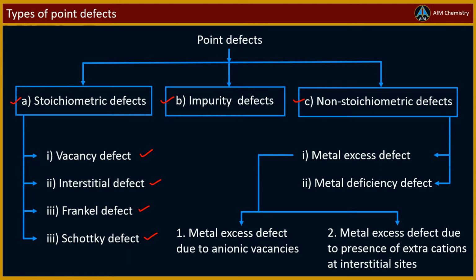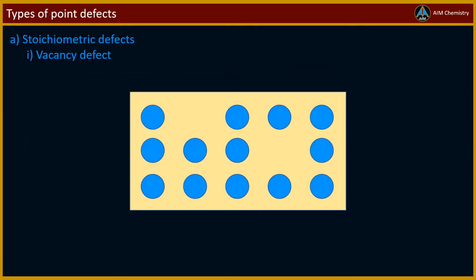Non-stoichiometric defects are further divided into two types, metal excess defect and metal deficiency defect. Metal excess defects occur due to two reasons, that is, due to anionic vacancies and due to presence of extra cations at interstitial sites. We will learn these defects one by one in detail. So let's start with stoichiometric defects.